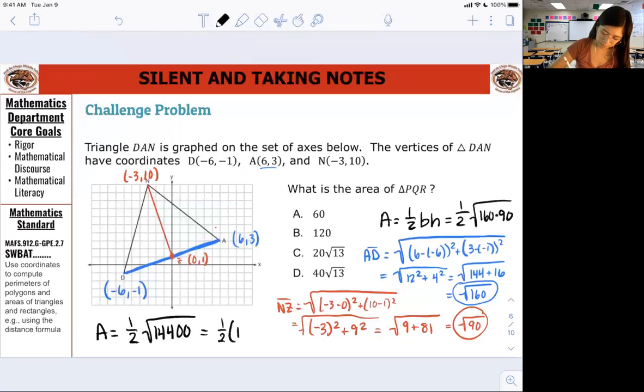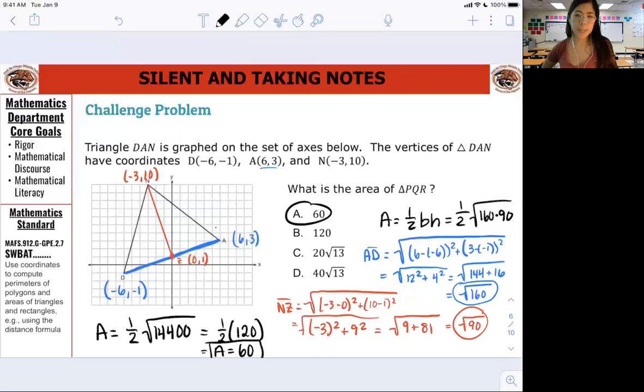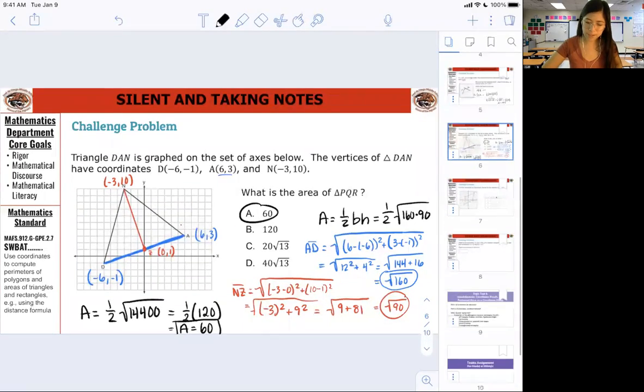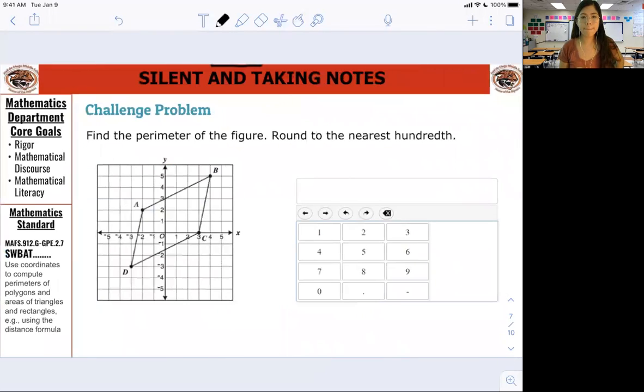So 1/2 times 120, that is 60. Questions on this one? Good job to those. Everybody who sent me a response got it correct, so well done. I wasn't done. Well, you gotta work on your speed. Two more, guys. Okay, whatever.